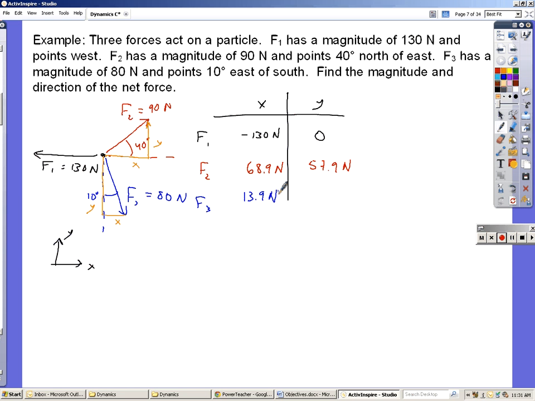And its y component is adjacent, so 80 cosine 10, and we get 78.8 newtons, but notice that it points downwards, so we're going to make that negative. And so there are the components of the forces. Now we've got to add them up.